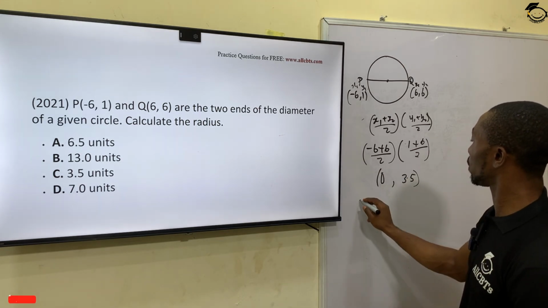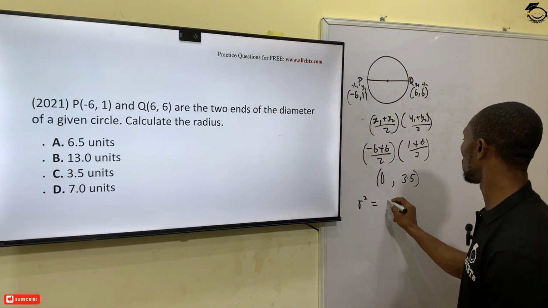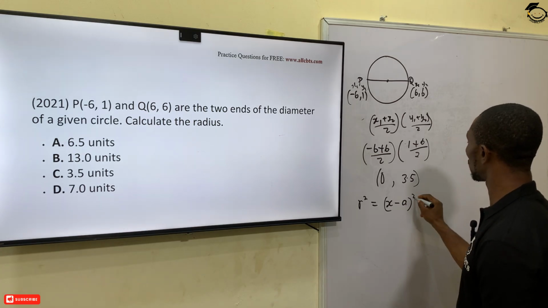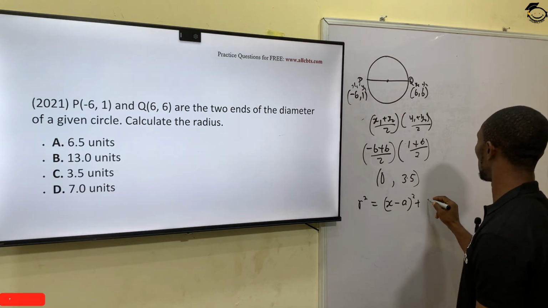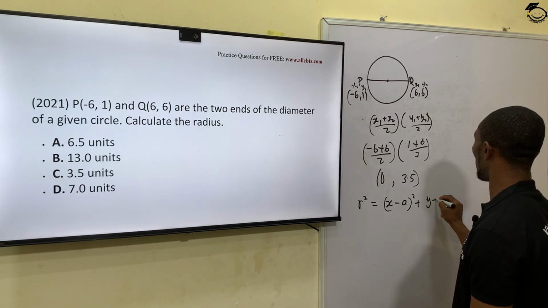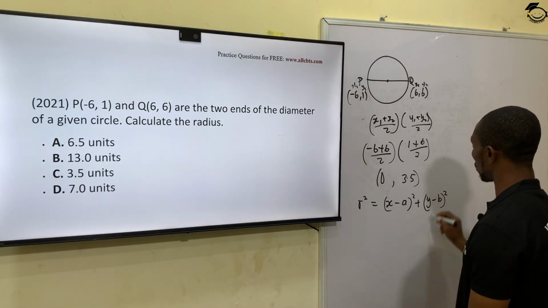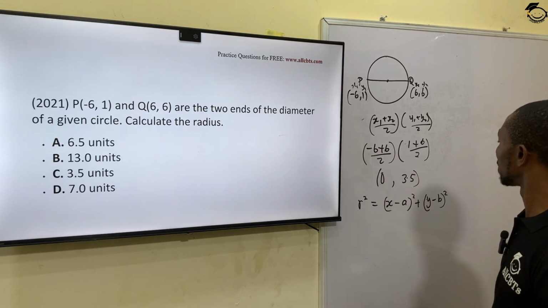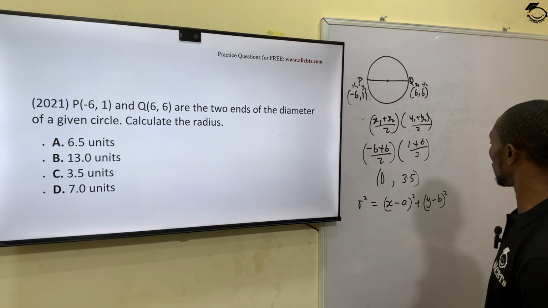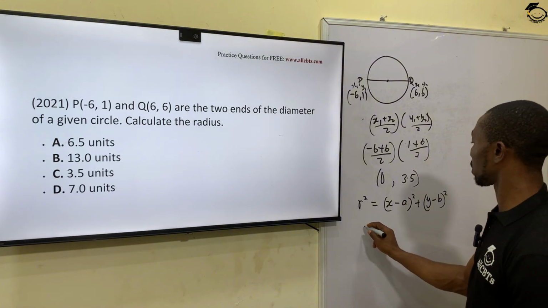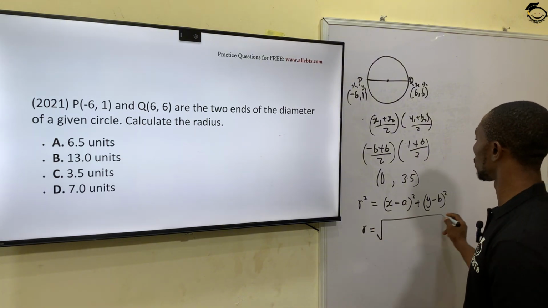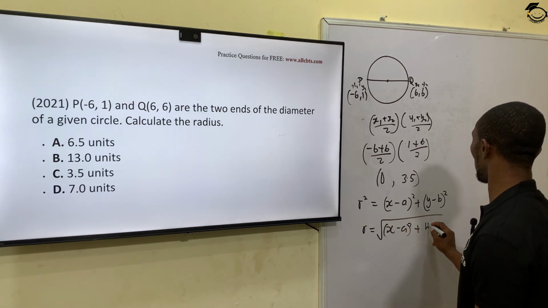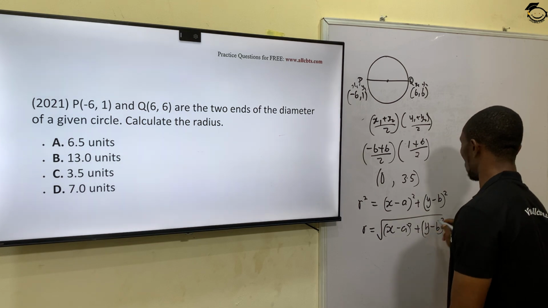Now, we are using the formula r squared equals x minus a squared plus y minus b squared, where a is 0 and b is 3.5. So r will be root of x minus a squared plus y minus b squared.